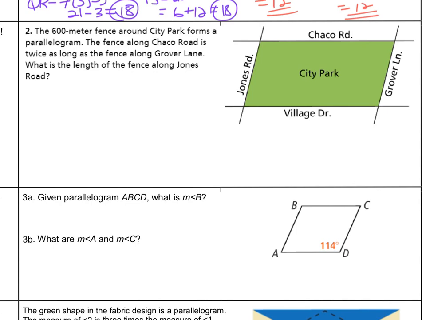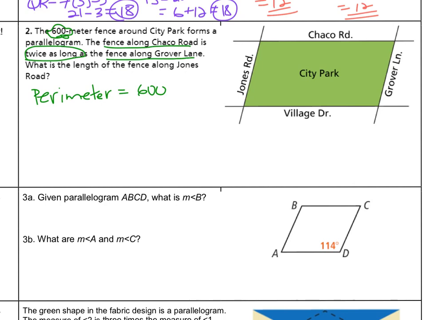All right, let's look at the picture. We know that there's 600 meters of fencing total, so all four sides have to add up to 600. That would be perimeter. And that equals 600. Now it says that the fence along Chaco Road is twice as long as the fence along Grover Lane.